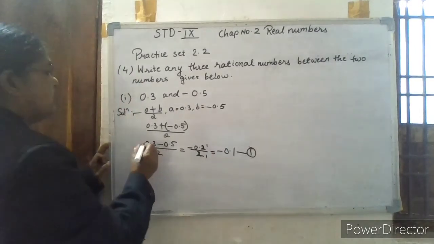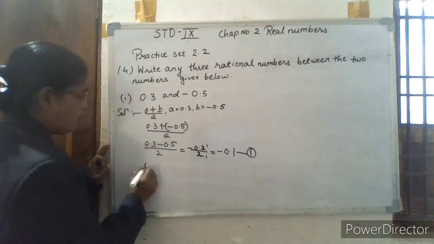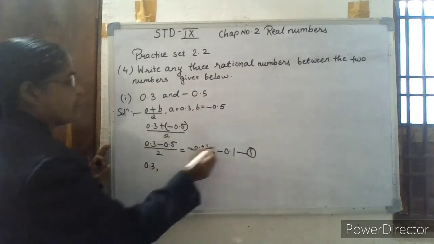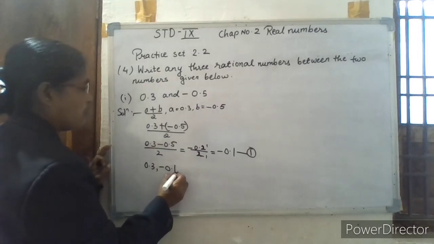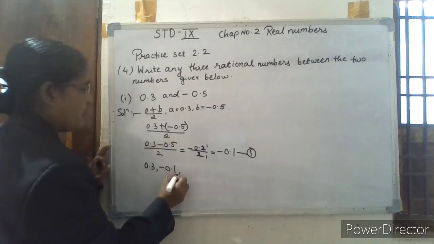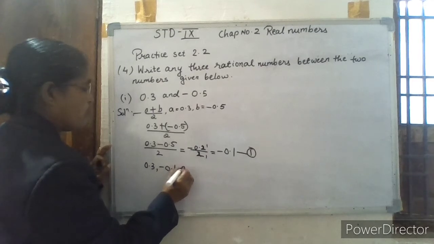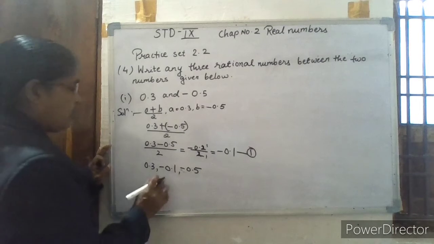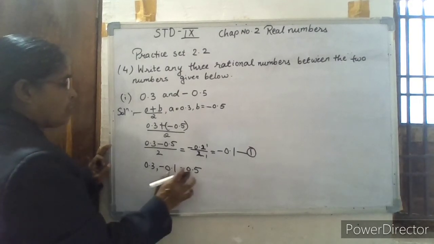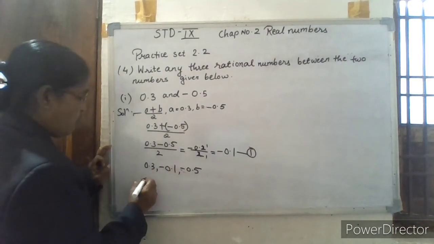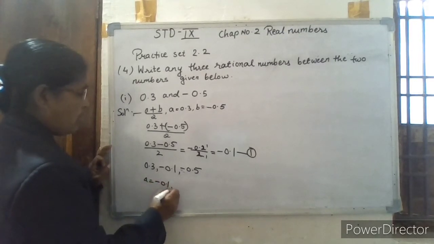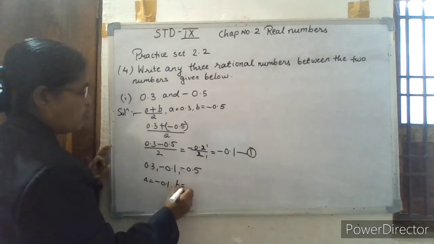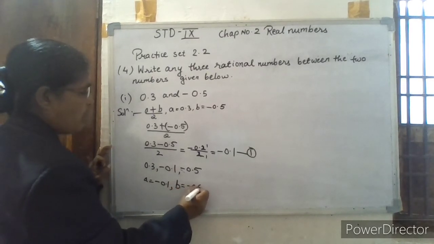Now, the numbers are in this form. 0.3, next number is minus 0.1, next number is minus 0.5. Now take these two as A and B. So A is equal to minus 0.1 and B is equal to minus 0.5.